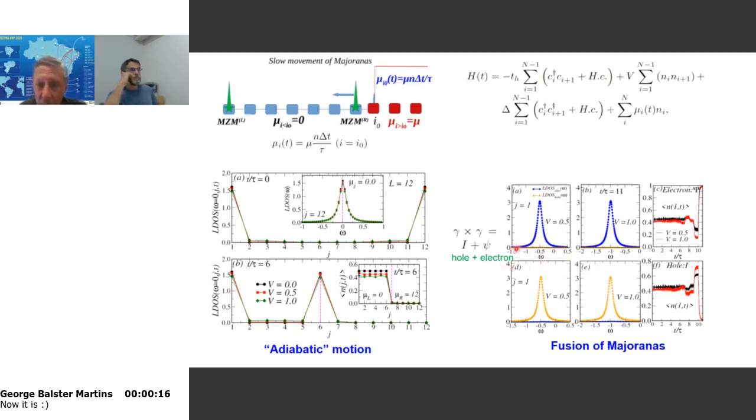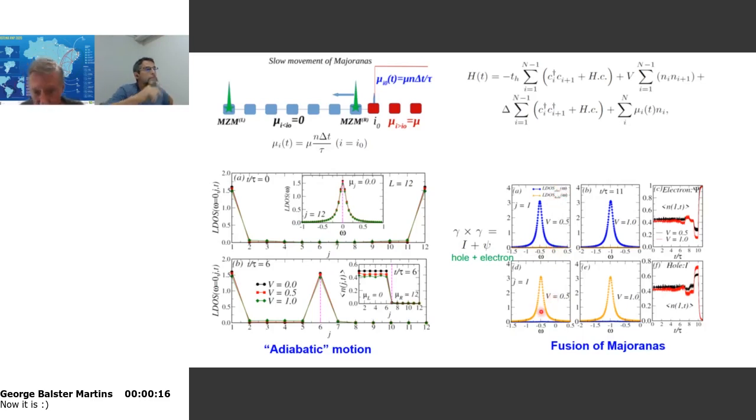And these are the local density of states at site 1, the very first one, after the fusion has occurred. And under some circumstances, the only thing that survives is the blue, which, if you have amazing eyes, you will see that it says electron, and for the hole, there is nothing.